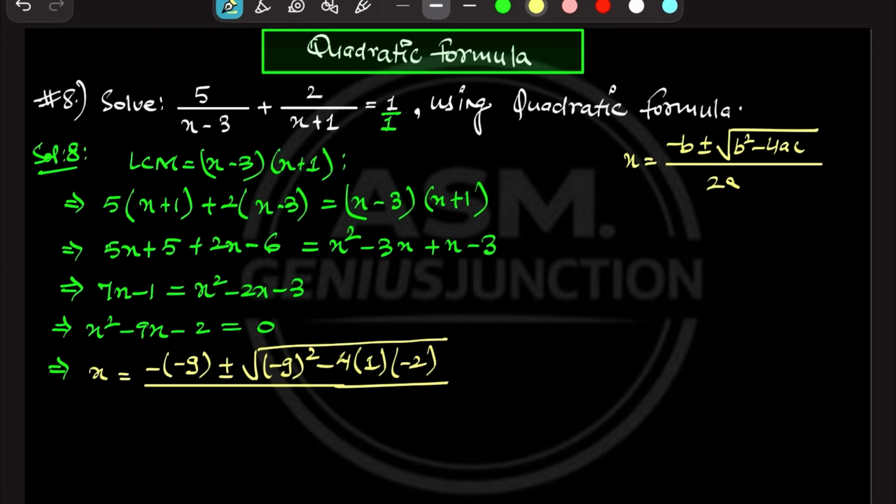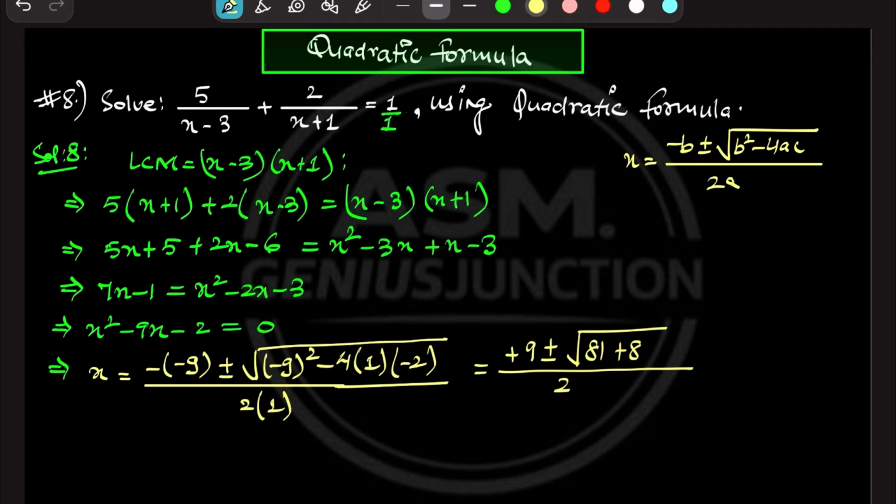This is in the root and the denominator is 2 times a, which is 1. So let's solve this. So we will get minus minus plus, this plus minus is kept as it is, this is 81 plus 4 times 2 which is 8, kept in the root, and the denominator is 2, right?